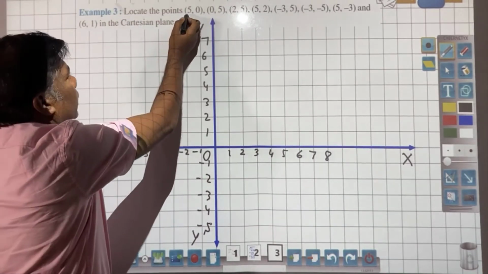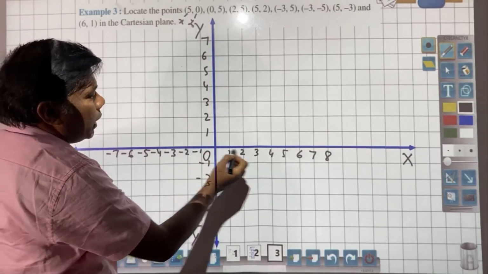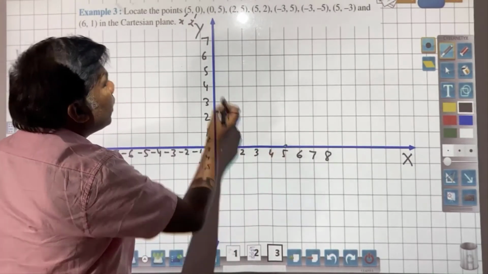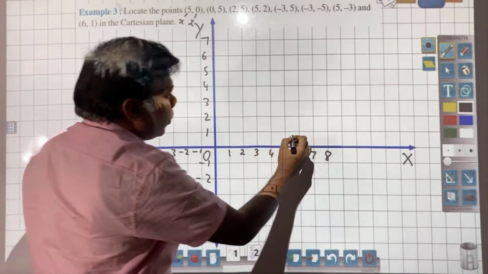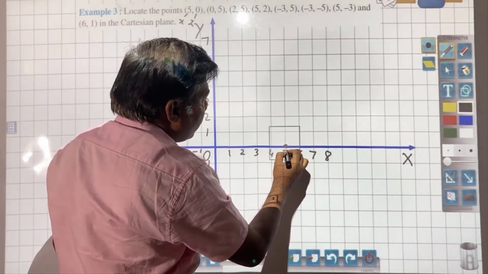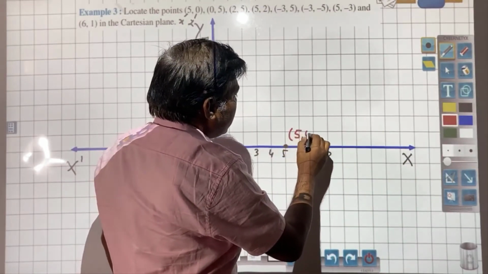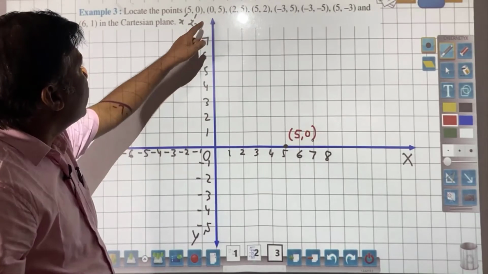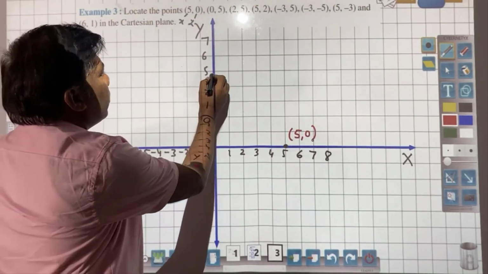(5, 0) means what? This is x and this is y. x is 5, this is 5, and y is 0. Y is 0 means it is on the axis. So here this point will be your (5, 0). Then you have (0, 5), which means x is 0, y is 5.